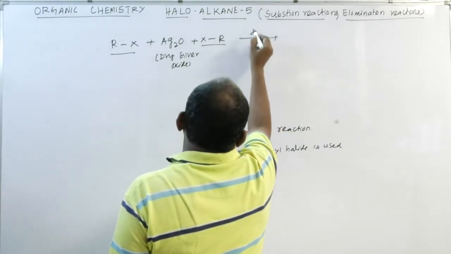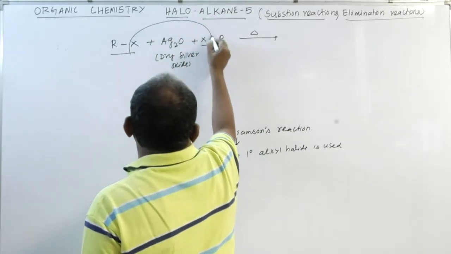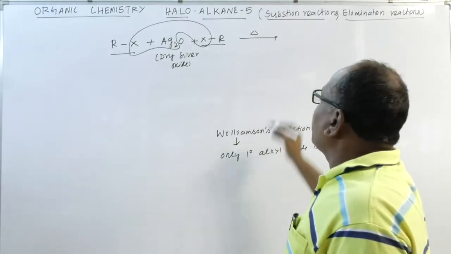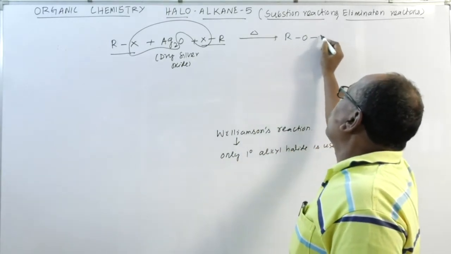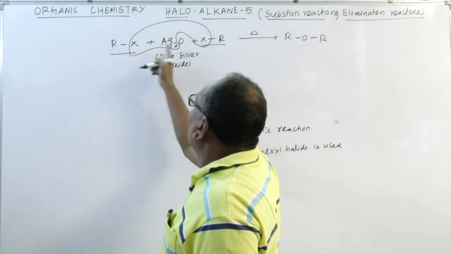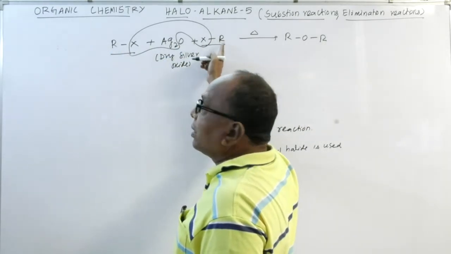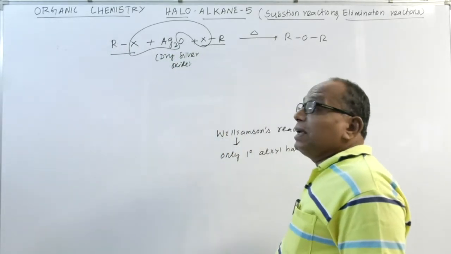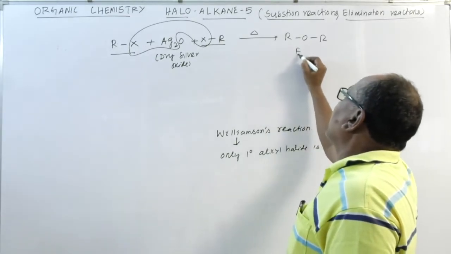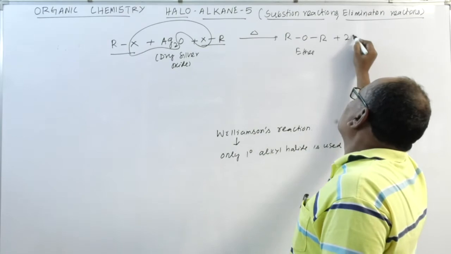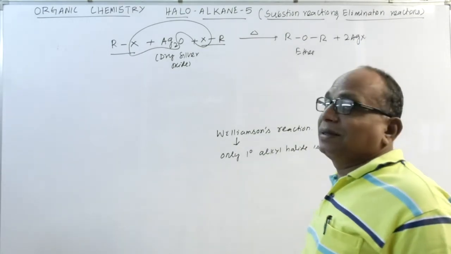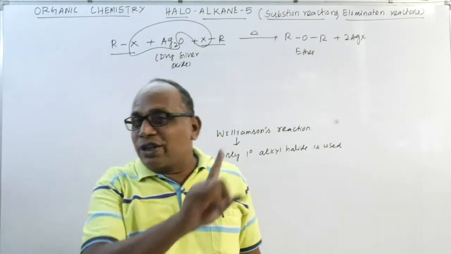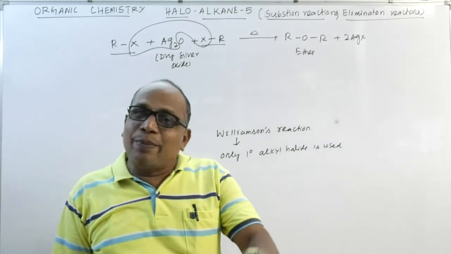When you heat this, it loses 2 molecules of AgX. So it becomes R-O-R, where one R is from the silver oxide side and another R is from the other alkyl molecule. This is your ether plus 2 AgX. Mind it, you have to take dry silver oxide, not moist silver oxide. If you use moist silver oxide, it forms the alcohol.